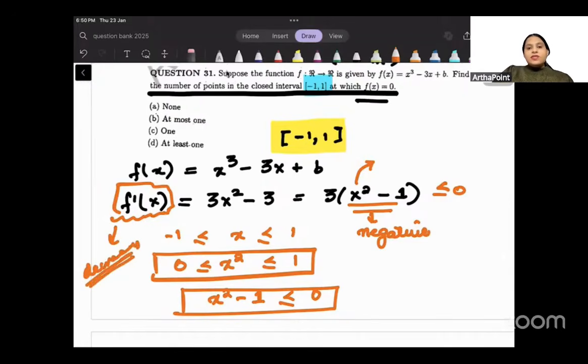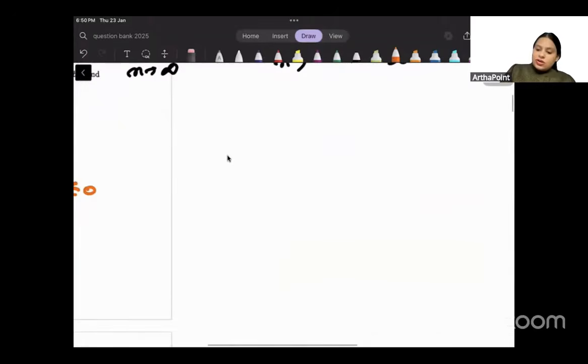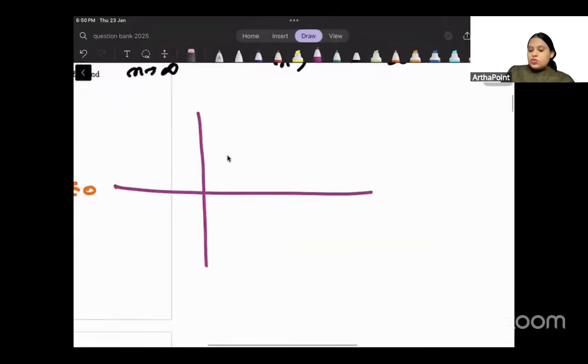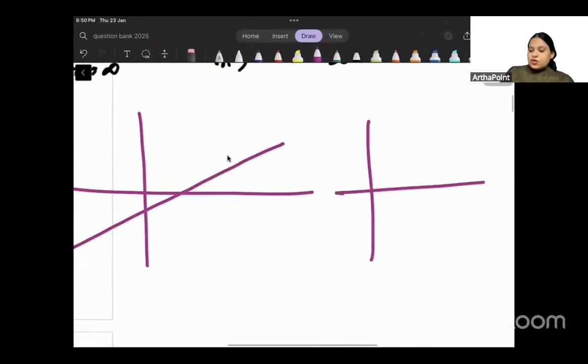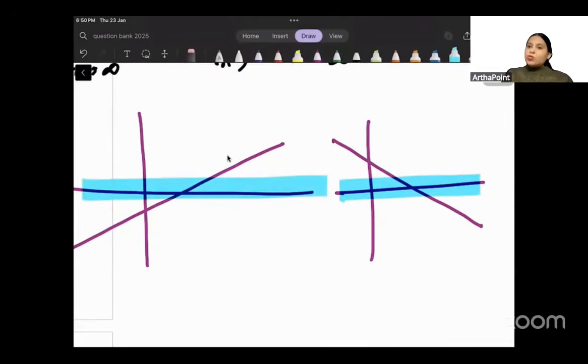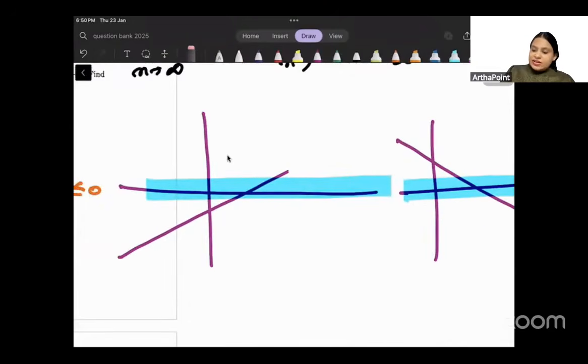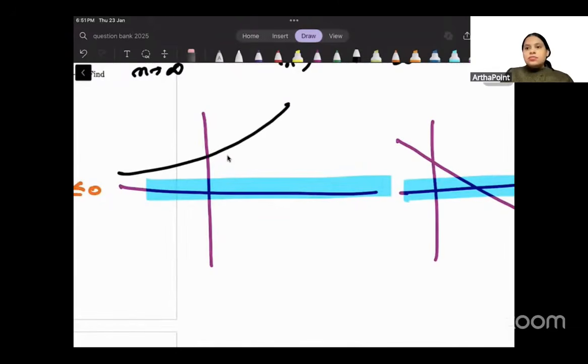Now we know that an increasing or a decreasing function can cut the x-axis at most one time, or it may not cut it at all. If my increasing function is like this, it is not cutting the x-axis ever. Or if my increasing function is like this, it will cut the x-axis once. These are the only two things that can happen.